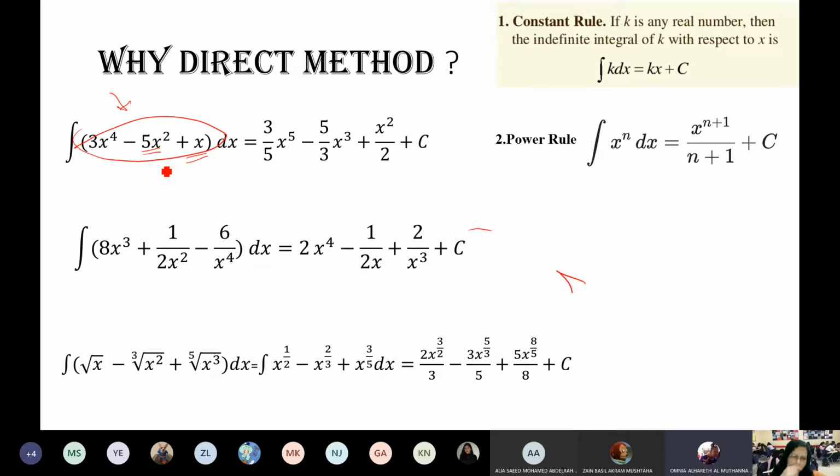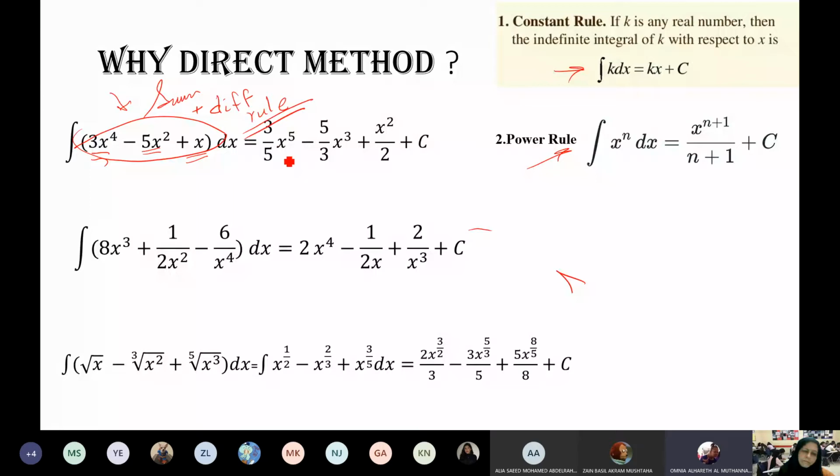First of all, we look at each and every term, and then we divide each term. We don't solve them together; we just divide them, solve each one, and then put it in an equation. So for 3x to the power of 4, we take the antiderivative using the power rule.